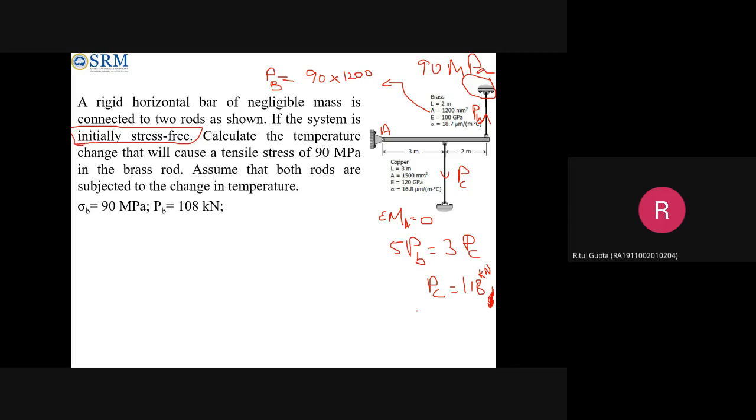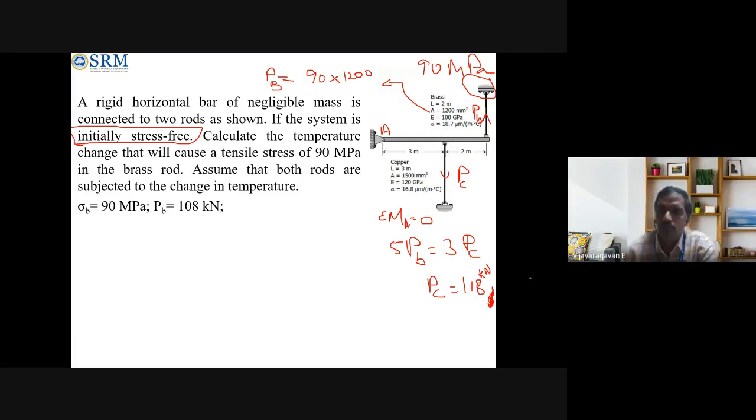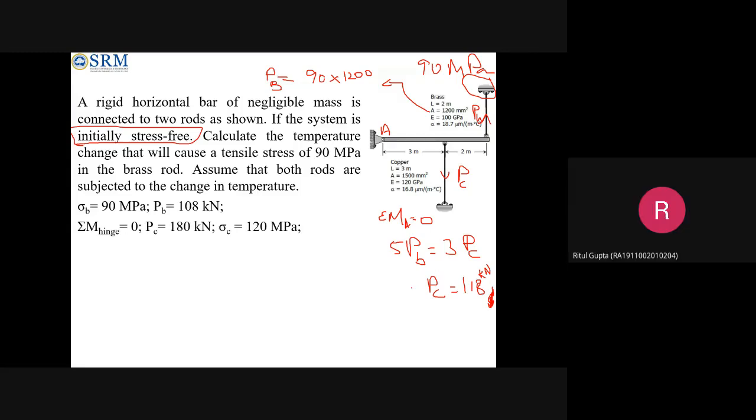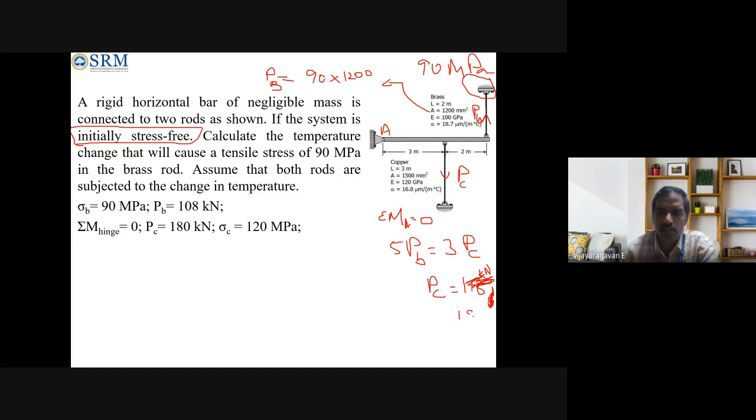So 540 divided by 3 is 180, sir. Yeah, 180. I had written 118. Okay, 180.